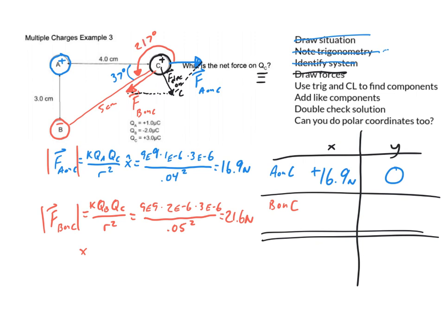Okay, I got that by taking the 180 and adding 37 to it. So the X part will be 21.6 cosine of 217 degrees. And the Y part will be 21.6 sine of 217 degrees.